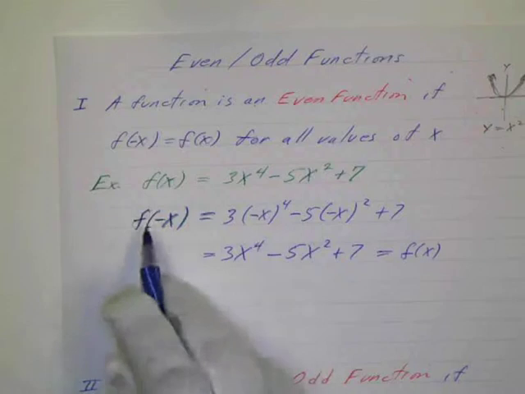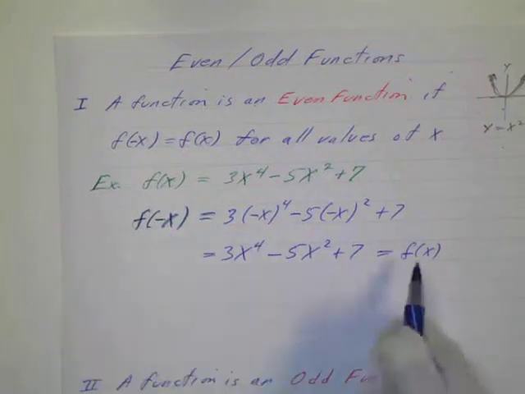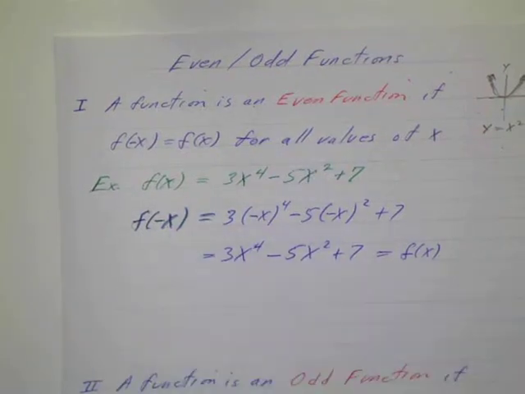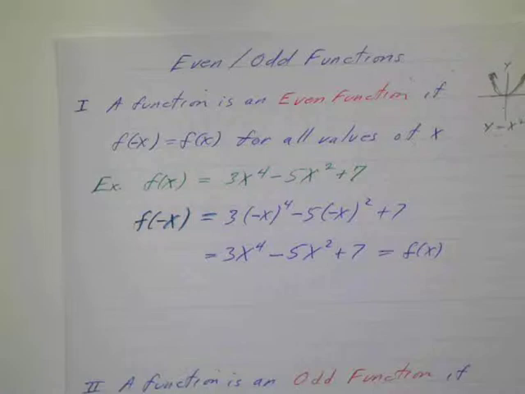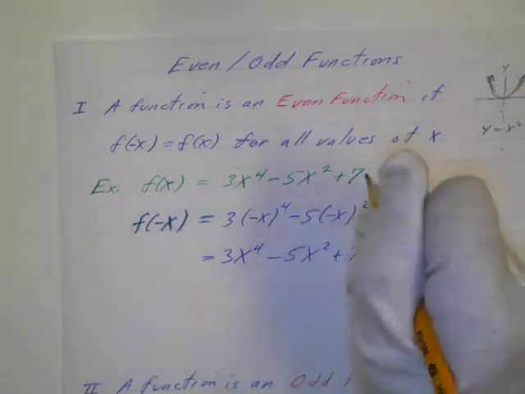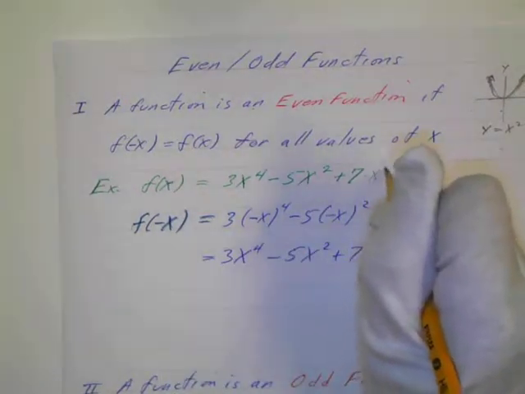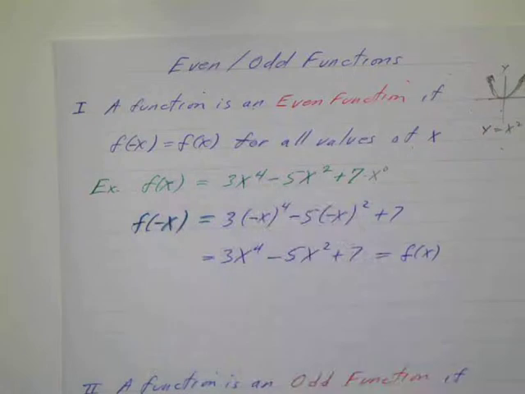So what we've shown is that f of negative x equals f of x, so that satisfies the condition. Okay, I hope that makes sense. It's pretty easy. Just kind of square it out. And like I said, when you look at these polynomials, you can think of the 7 as times x to the 0, and they're all even powers, so it's an even function.